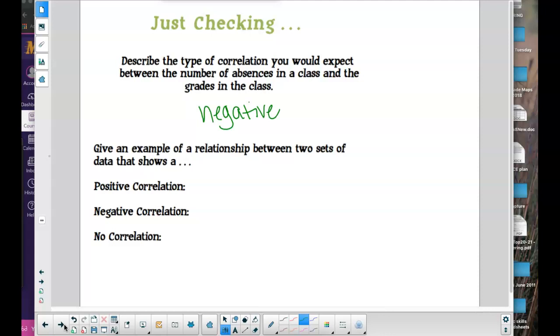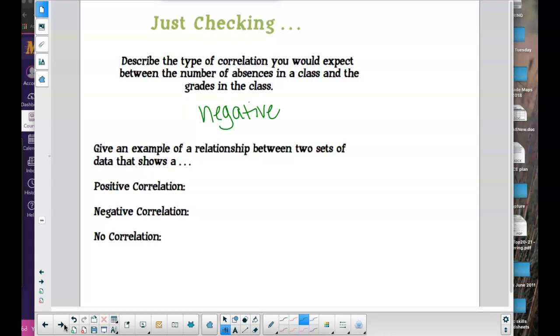Okay, somebody said the size of a cereal box and its price. Would you agree? As the cereal box gets bigger, it probably costs more. Okay? How about a negative correlation? Can you think of one that's negative? We could use a cereal box.